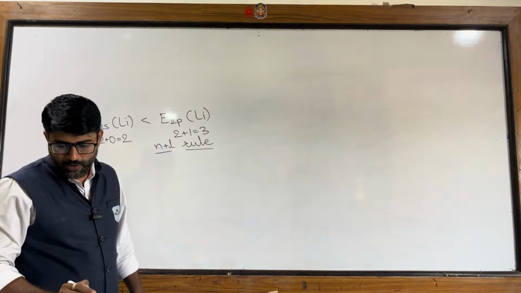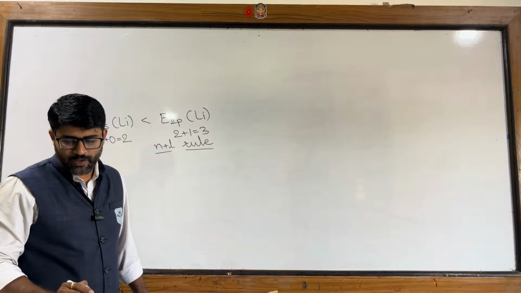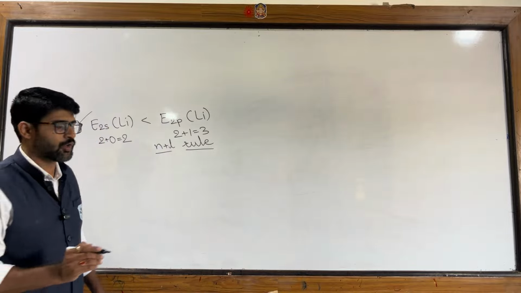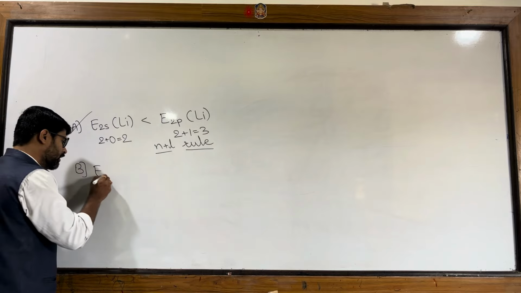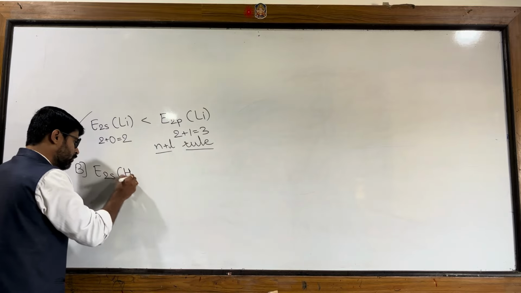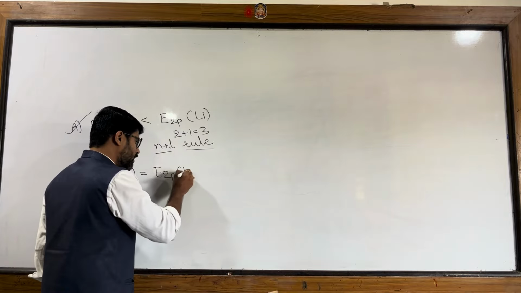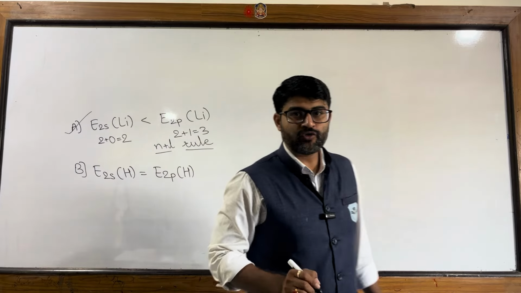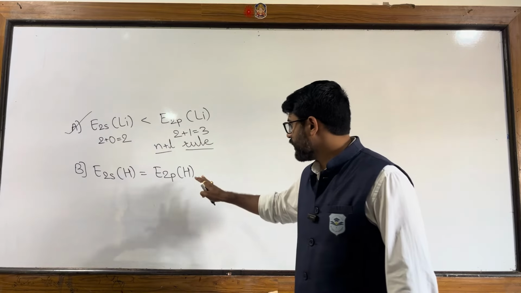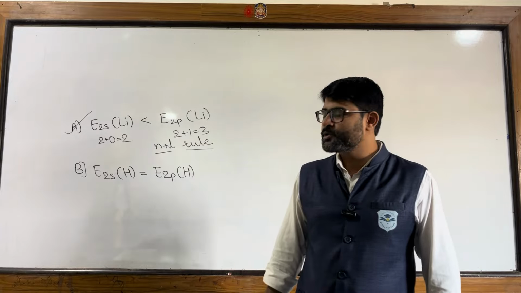Option B is energy of 2s of hydrogen is equal to energy of 2p of hydrogen. Hydrogen has only one electron. It is a single electron species.